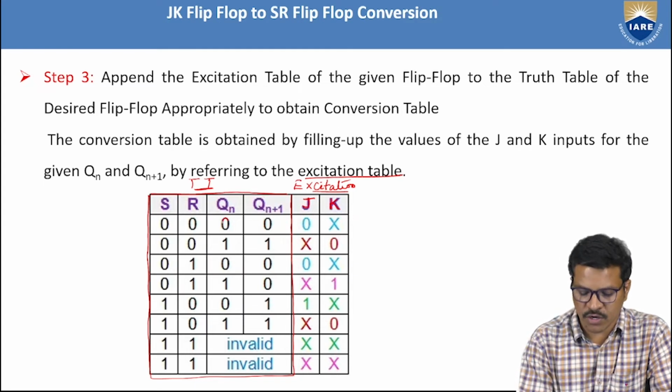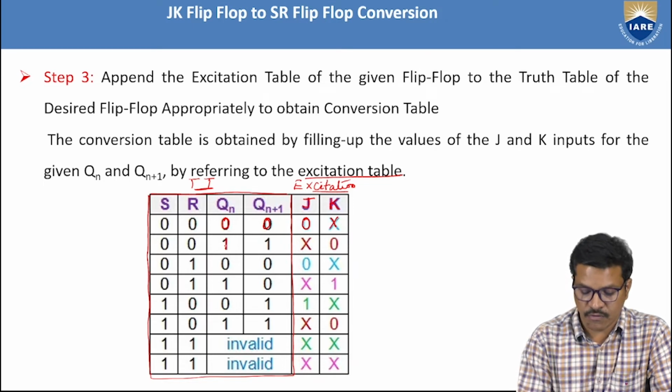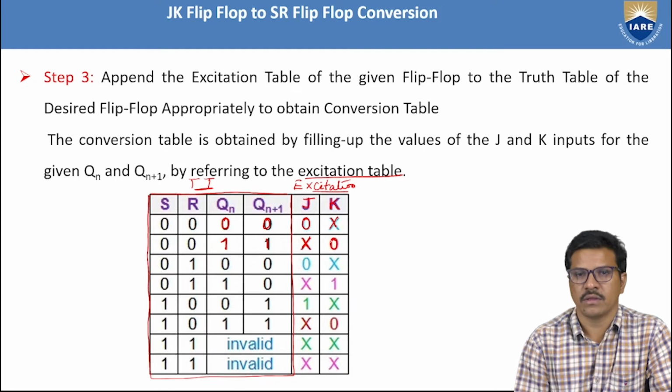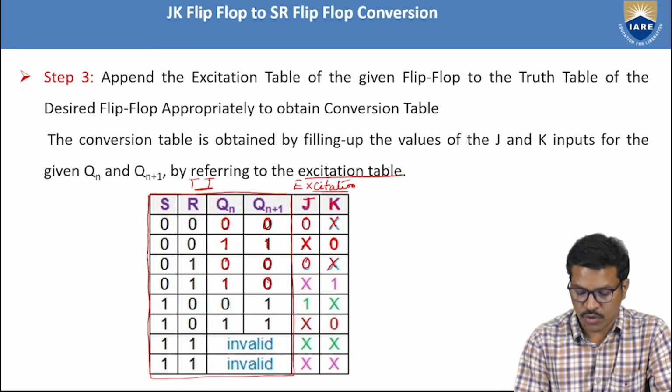So if it is 0 0, JK flip-flop excitation 0x, and if it is 1 1, x0, and 0 0 again 0x, and 1 0 we get x1, and 0 1 will get 1x, and 1 1 again we take x0.